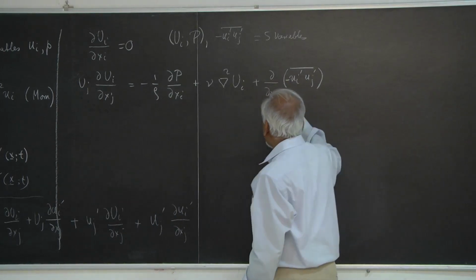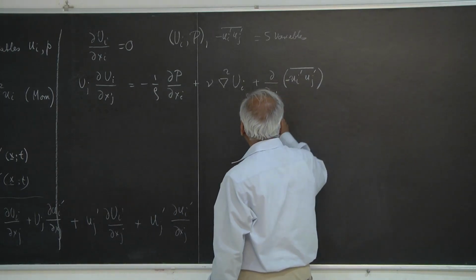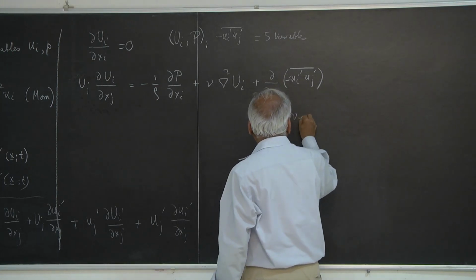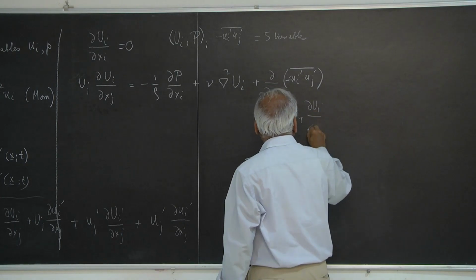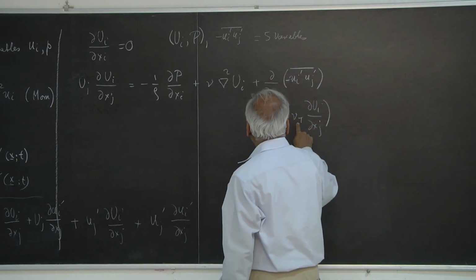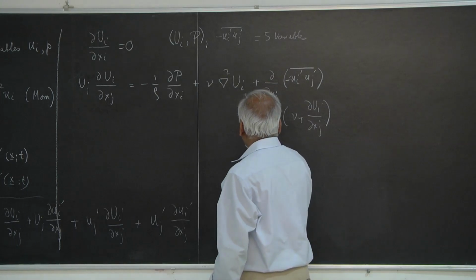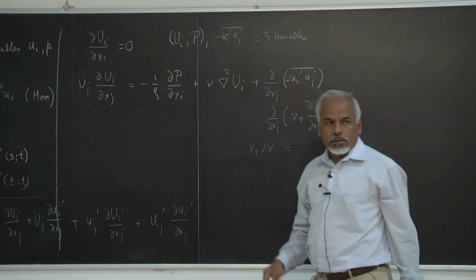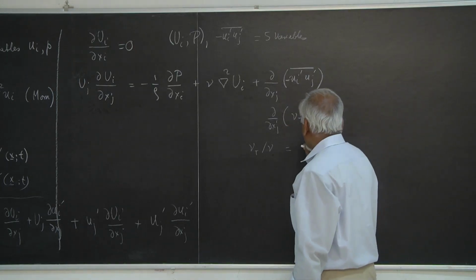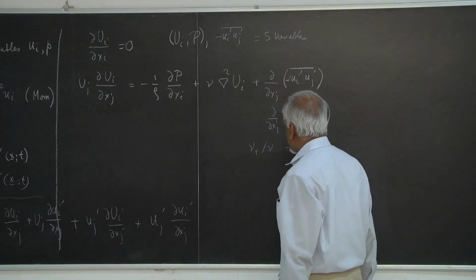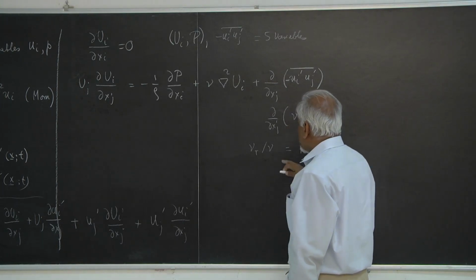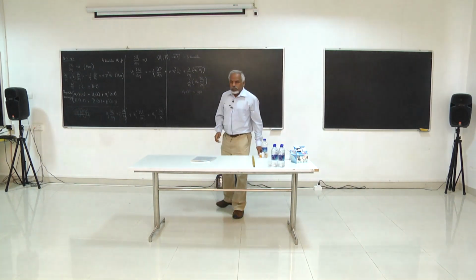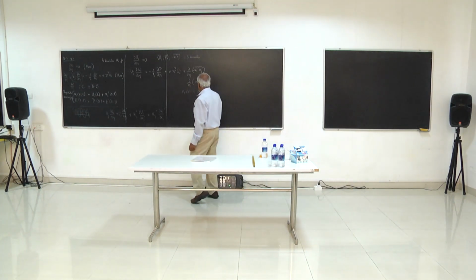In principle and in practice, as I erased it too fast, if I wrote it like nu_t dU_i/dx_j, and I compare the values of nu_t and nu, this nu_t over nu could be very large. It could be, I don't know, 100, let's say, put some number like that. In some areas in the flow, it is very close to unity, but in many others, it could be some large number.